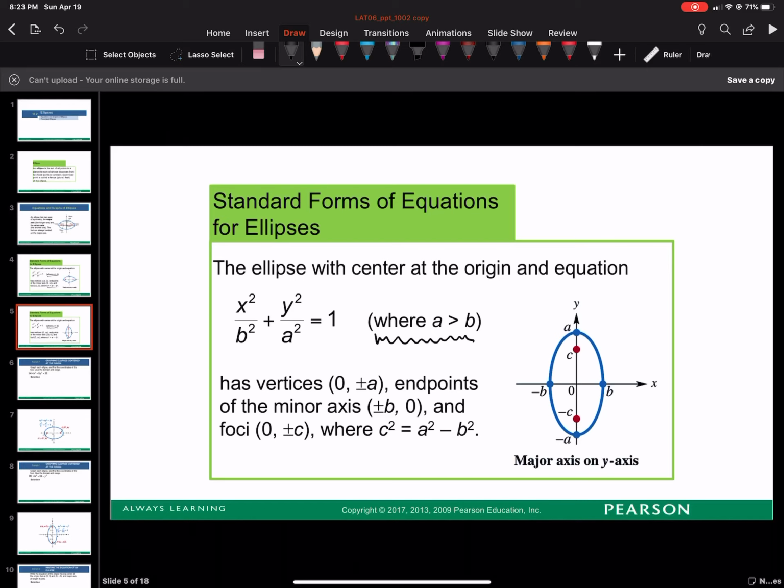It has vertices at 0, plus or minus a, endpoints of the minor axis at plus or minus b, 0, and foci at 0, plus or minus c, where c squared is equal to a squared minus b squared. That did not change. So your major axis this time is the y-axis, and your minor axis is the x-axis.